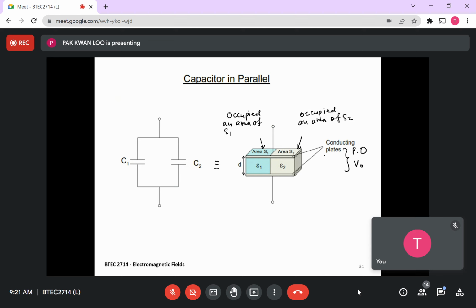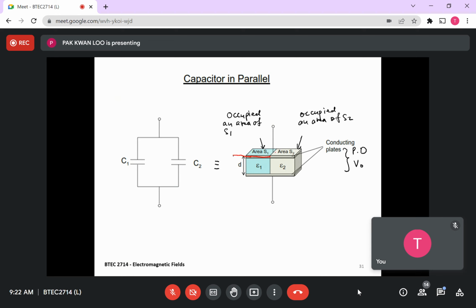Okay. However, because now the permittivity is different, the charge density in the area S1 and the charge density in the area S2, that means at this interface here, will be different.